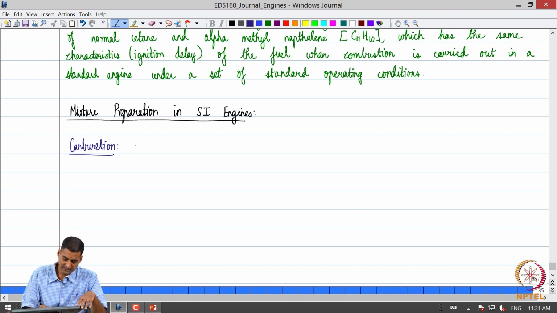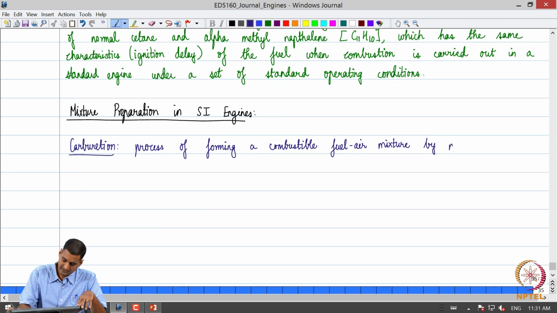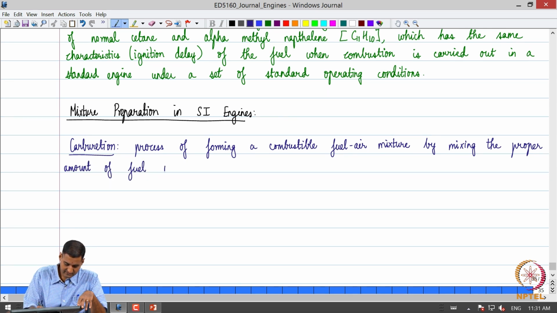So, what is carburation? It is nothing but the process of forming a combustible fuel air mixture by mixing the proper amount of fuel with air before admission of the mixture into the combustion chamber.